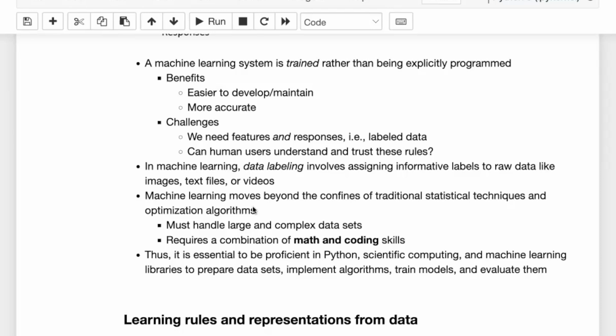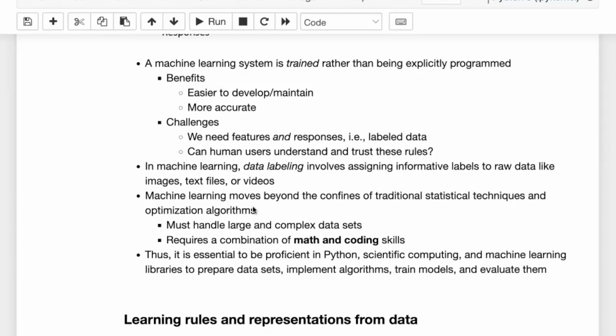Because in machine learning, first of all, we want to be able to handle large and complex data sets. And what this means is that we need a combination of both math and coding skills, right? Because in some cases, you need to be able to handle millions of data points. So that's something usually we don't discuss or take into consideration when we talk about traditional statistical techniques.